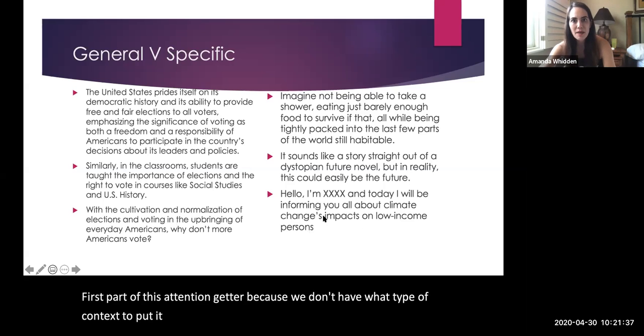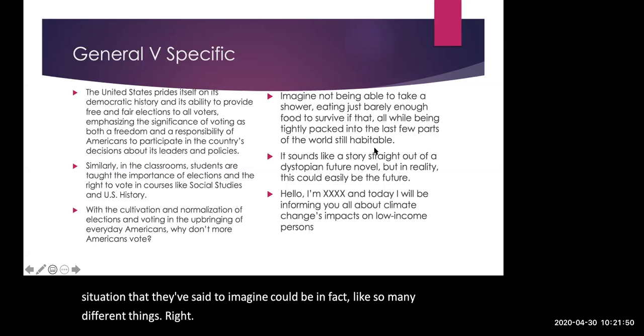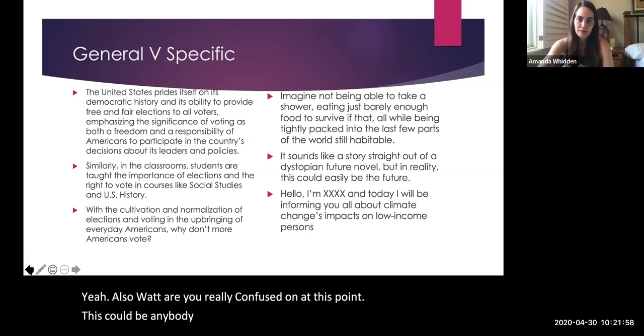The idea about climate change and the situation that they've said to imagine could be, in fact, so many different things, right? Yeah. What are you really confused on at this point? This could be anybody's situation in climate change, right?